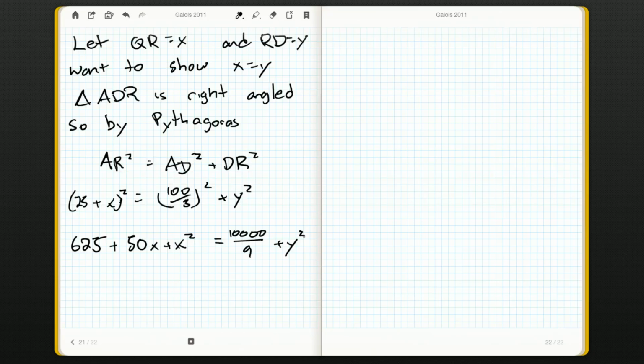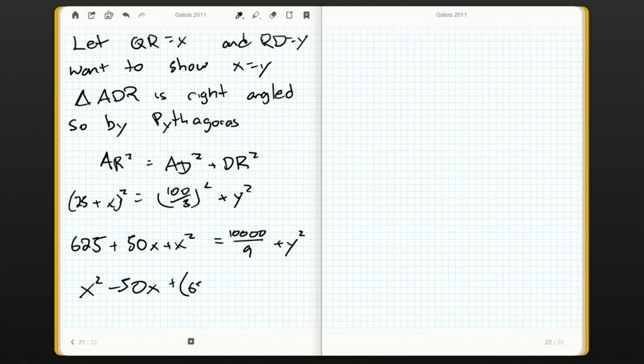It doesn't look the greatest from right here. But let's treat Y as though it's a constant, and we'll put everything as a quadratic in X and see what happens there. I'm definitely preferring the angle chasing method right now over this, because this is actually requiring some real explanation.